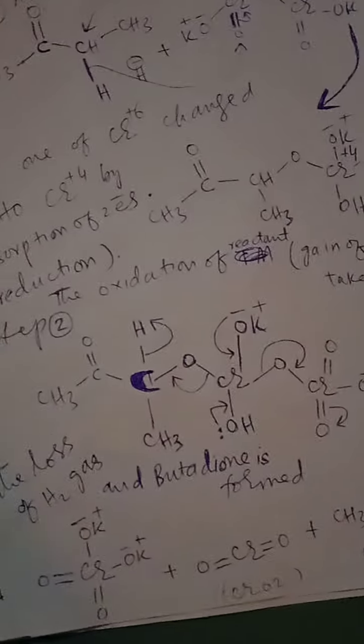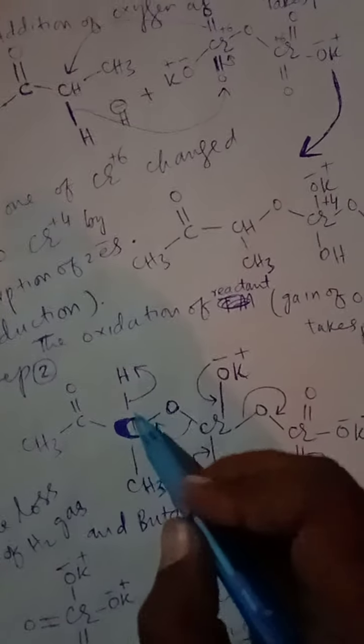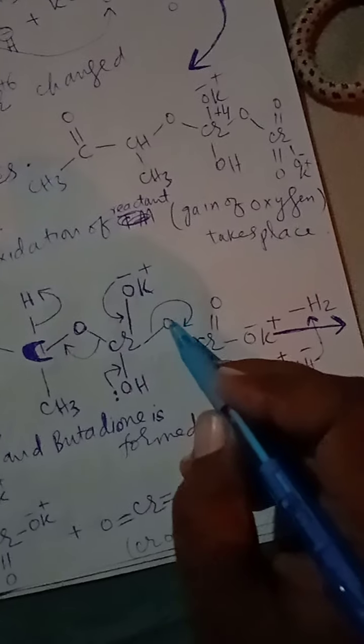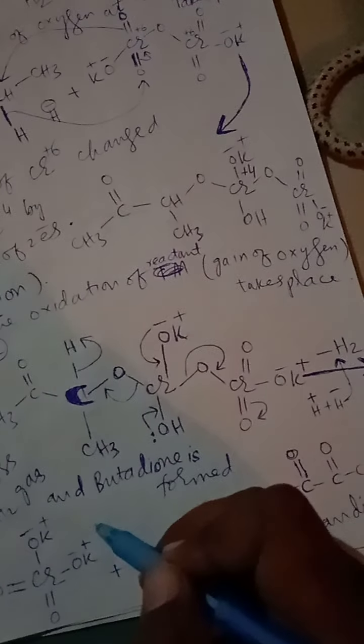Here CH3 C double bond O CH, CH3O CrO OH, CO CrO, Cr double bond O, double bond O, Cr double bond O, CrO K positive. Here hydride ion shifting takes place.